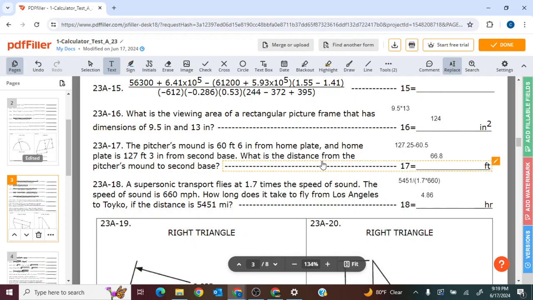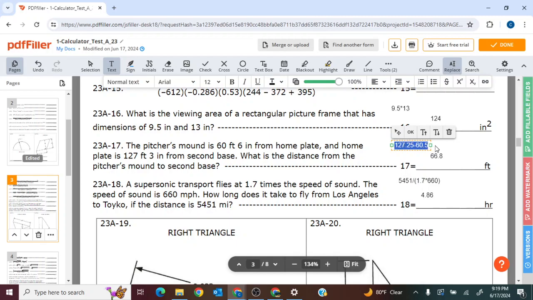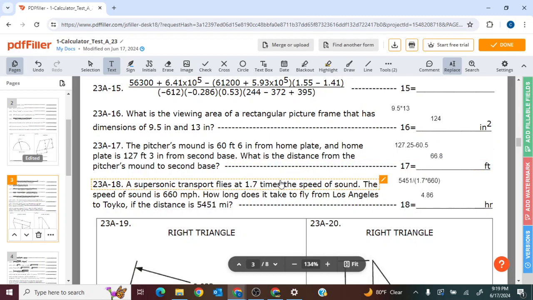17. The distance from the pitcher's mound to second base. The base is 127.25 feet from second, and part of that is taken up by the pitcher's mound. So all you do is simply 127.25 minus 60.5, and you get 66.8 feet. 18.